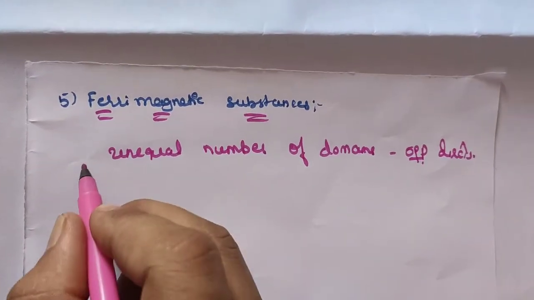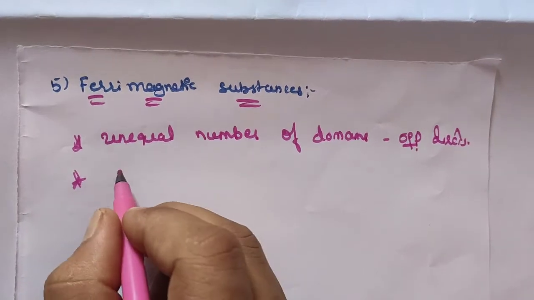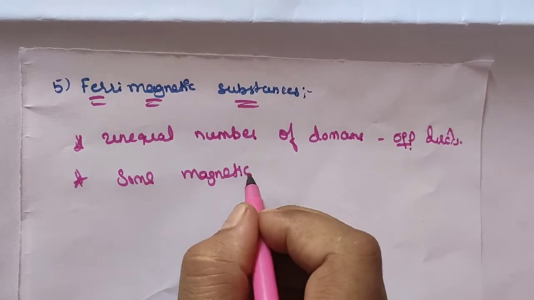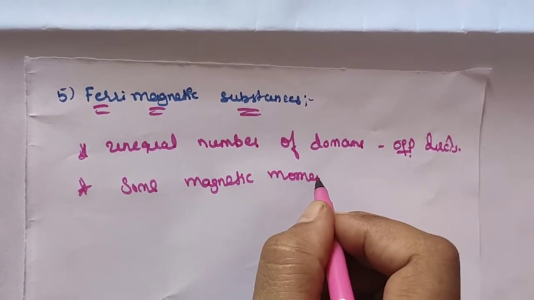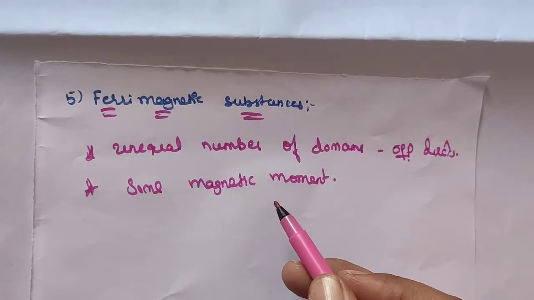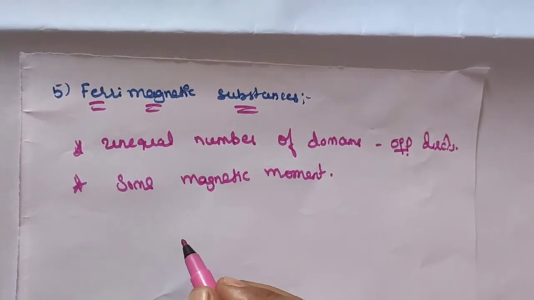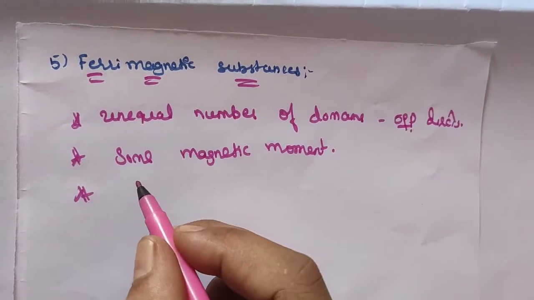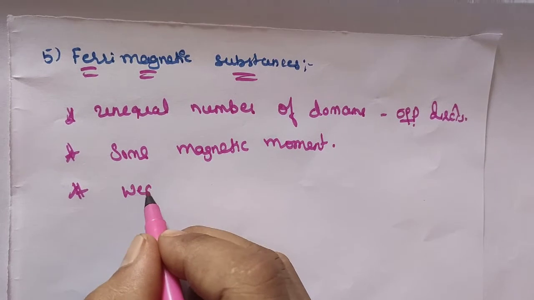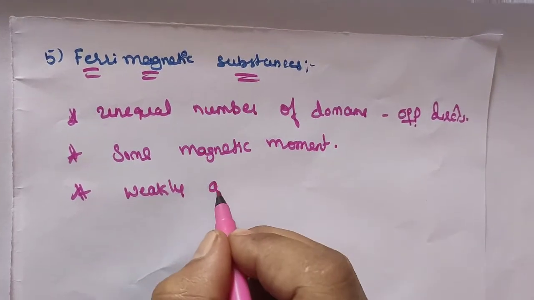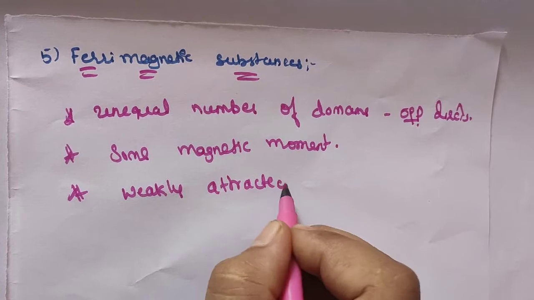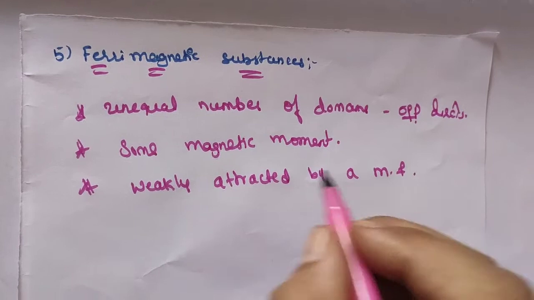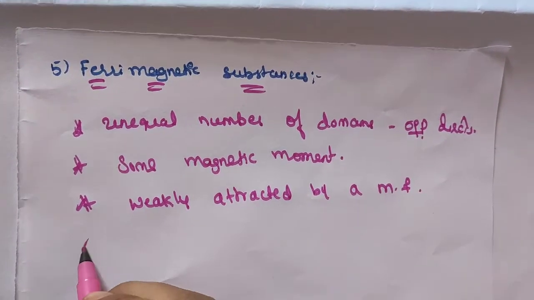Hence they have some magnetic moment. Therefore they are weakly attracted by a magnetic field compared to ferromagnetic substances.